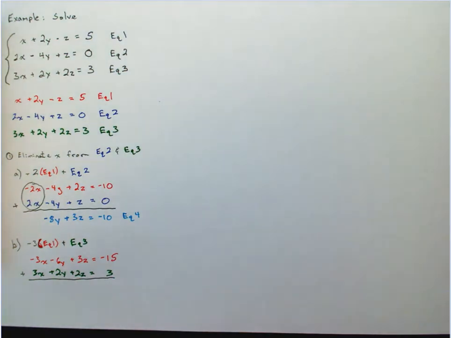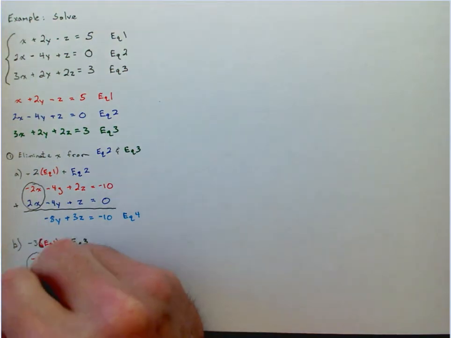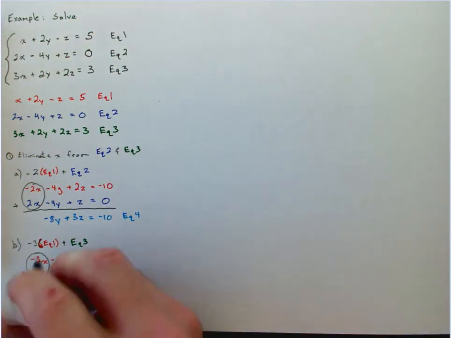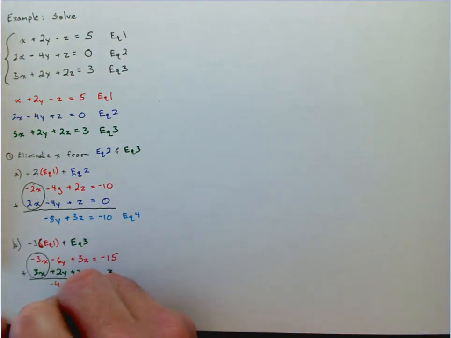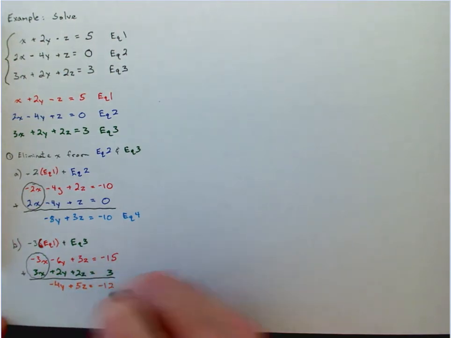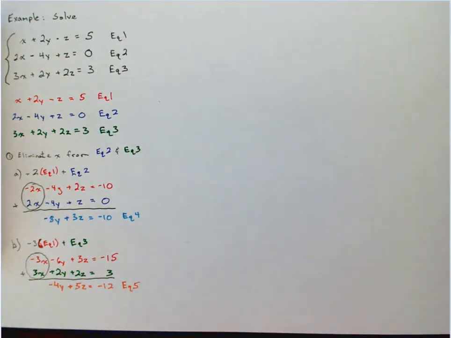And the whole thing, again, was to make opposites and eliminate those. So I have -4y plus 5z equals -12, and that's equation 5. And that is what I'm going to deal with now, equation 4 and equation 5.